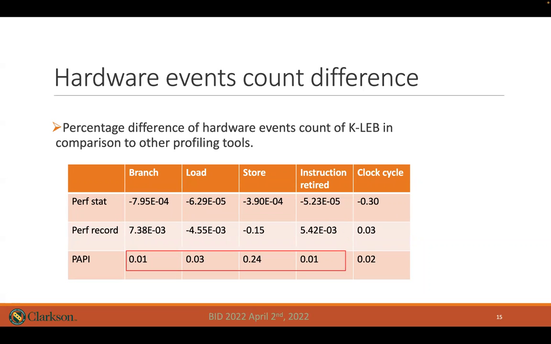PAPI, which uses the instrumentation method to collect its performance counter data, shows more difference in hardware event count to K-LEB than the perf tools, but still shows less than 0.24% difference on deterministic events.